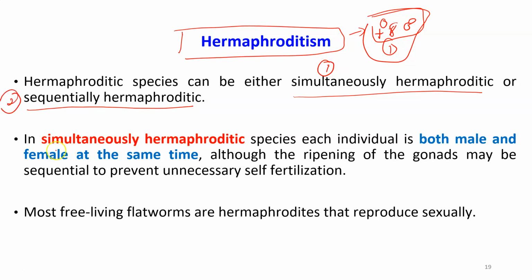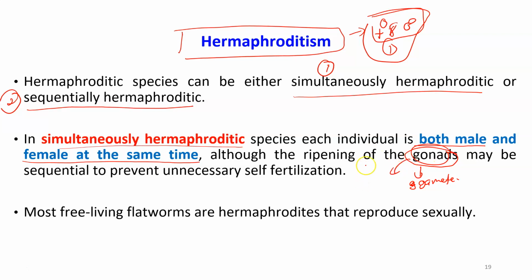It says here, in simultaneous hermaphroditic species, each individual is both male and female at the same time, although the ripening of the gonads may be sequential to prevent unnecessary self-fertilization. What is a gonad? It is the sex organ that produces the gametes.